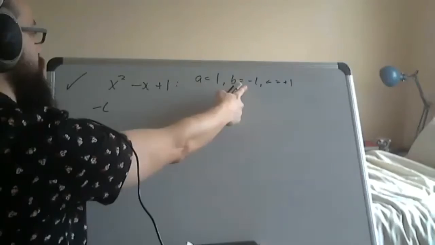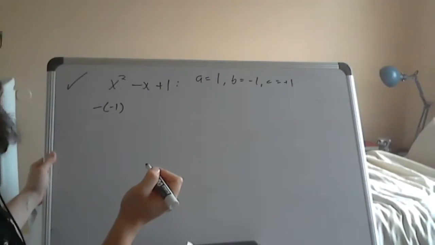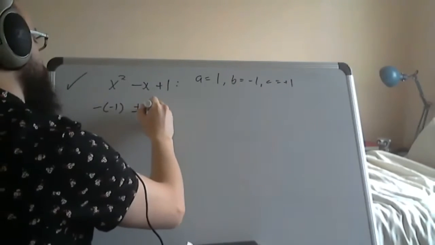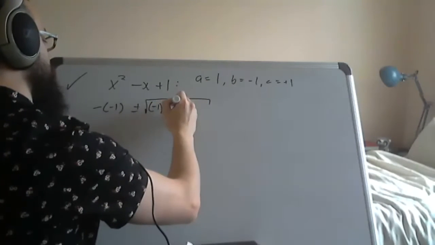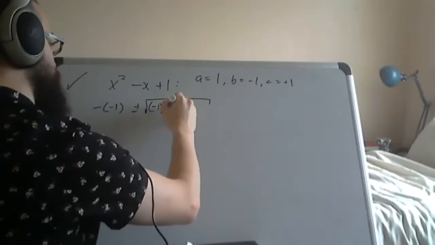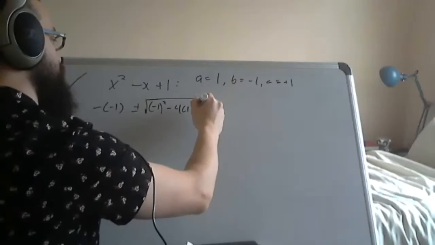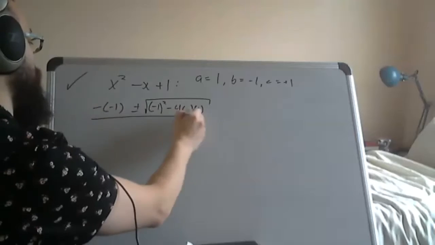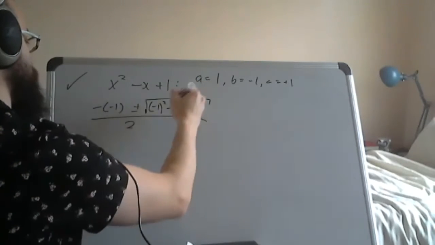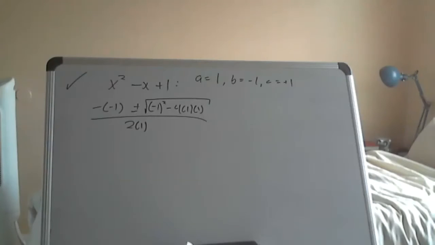Negative B, which is negative 1, this is where you need to be careful, plus and minus the square root of B squared, minus 4 times A, which is 1, times C, which is 1, all over 2 times A.